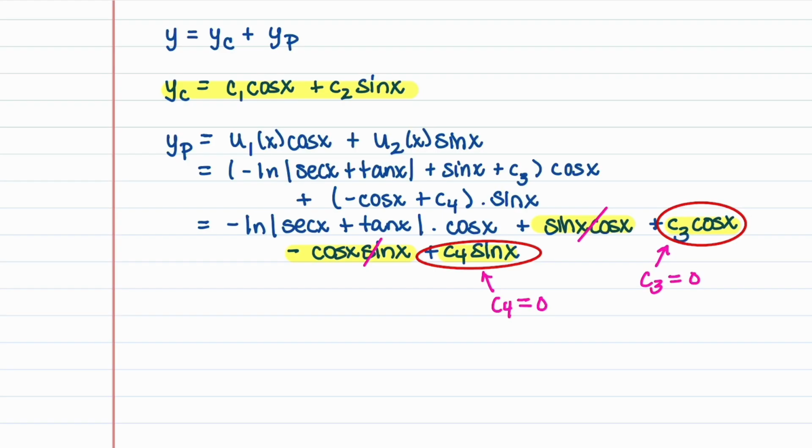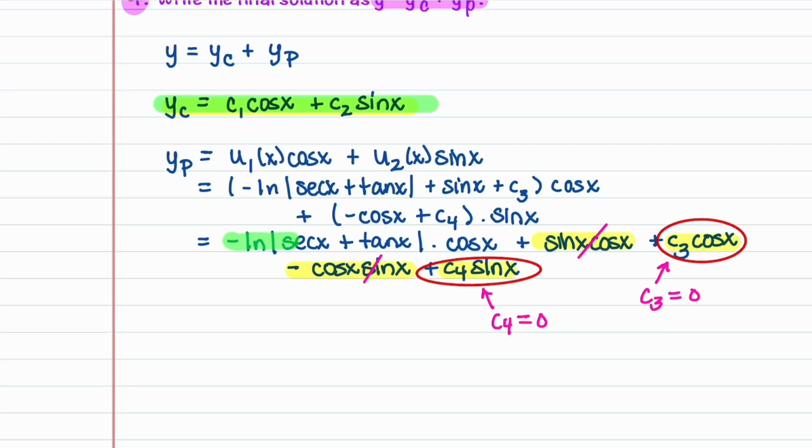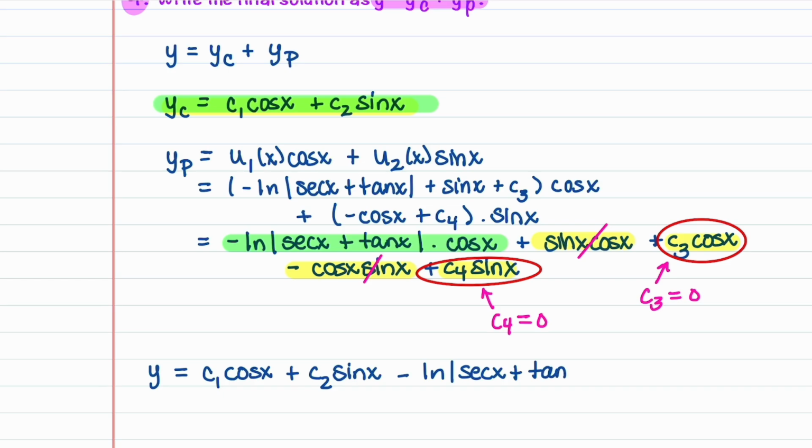Now let's put this all together. We are going to combine this equation and this equation. This gives us that our solution y is C1 cosine x plus C2 sine x minus natural log absolute value secant x plus tangent x times cosine x.